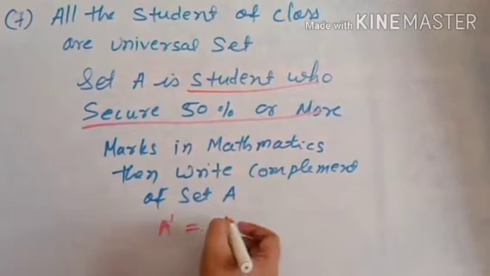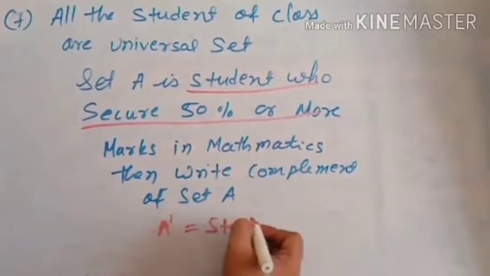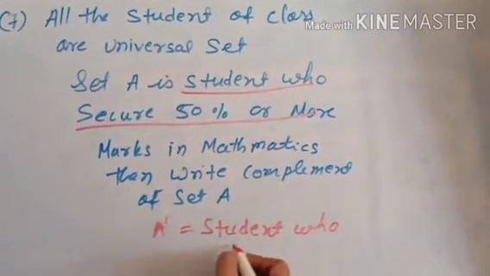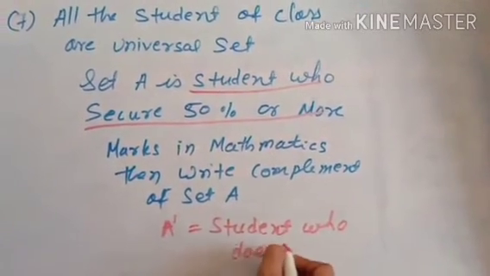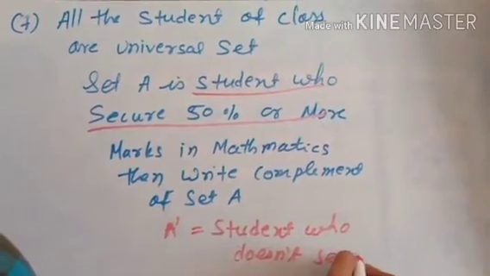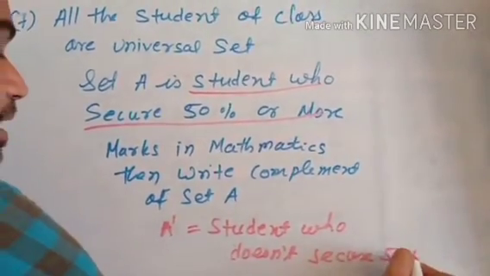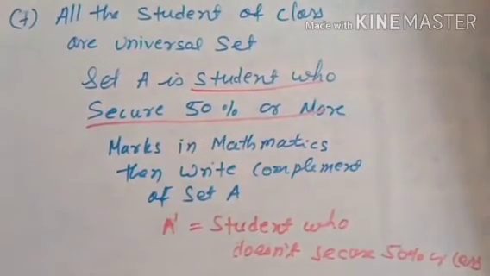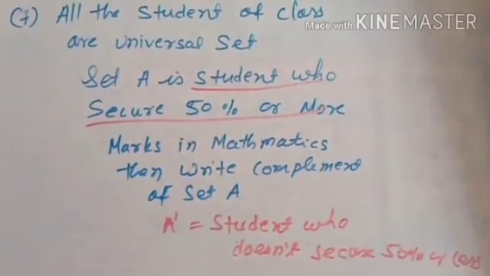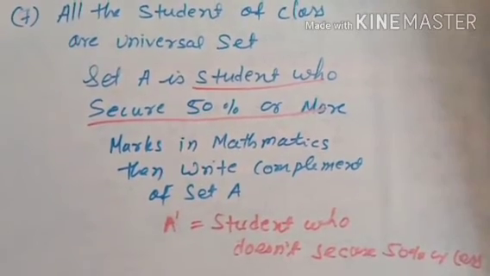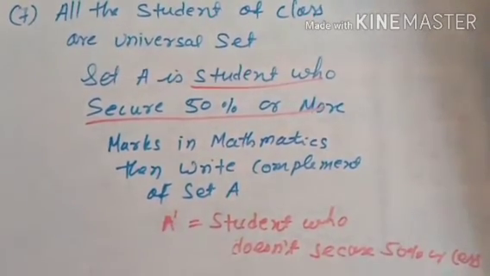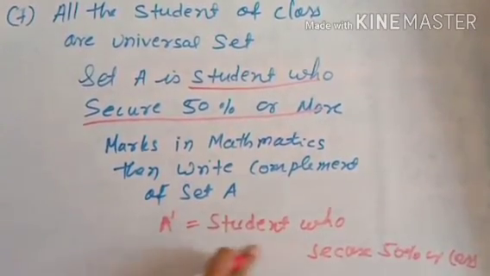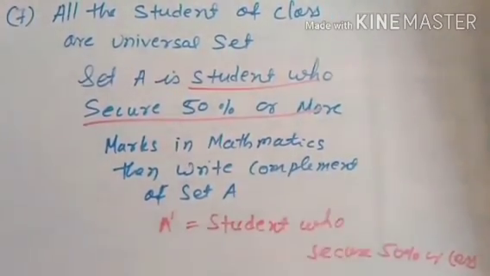A complement is equal to students who do not secure 50% or more. No, that is what? Students who secure less than 50%.